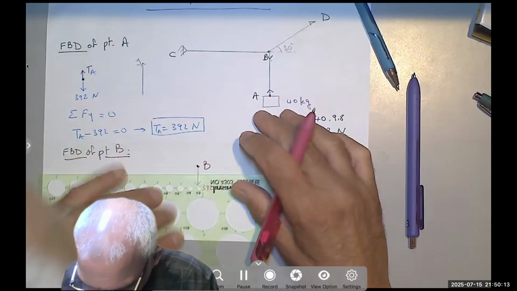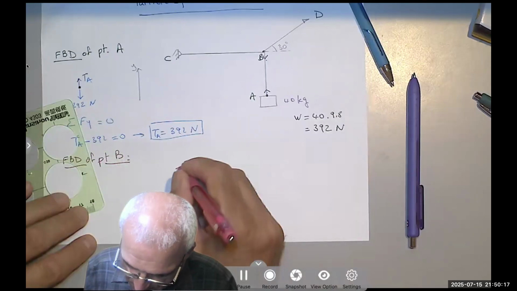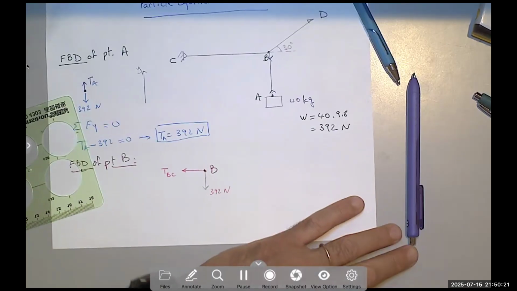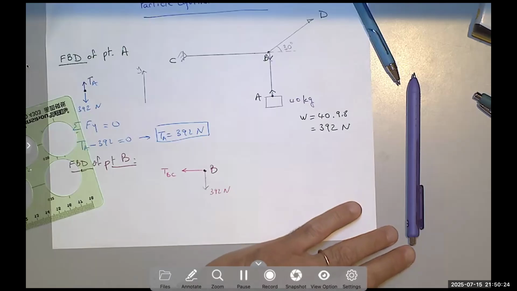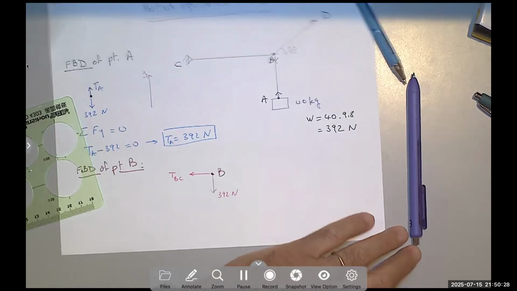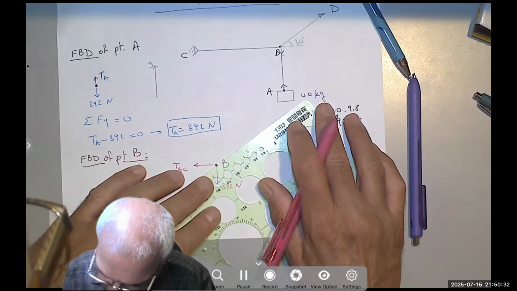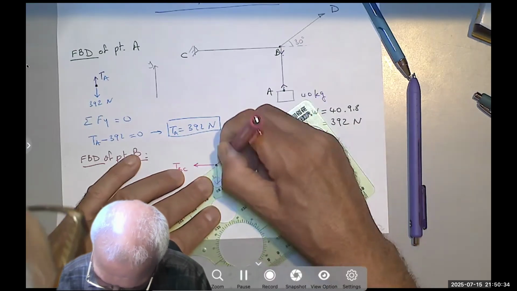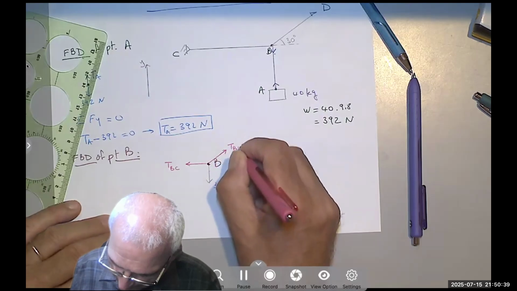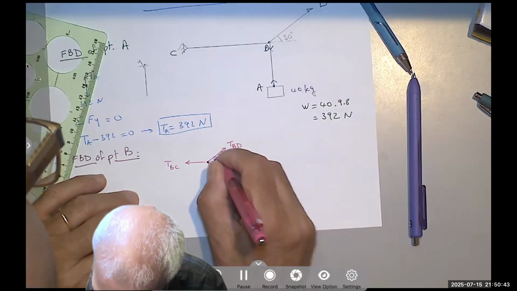Tension BC, TBC, which is unknown, but it's horizontal. I know its direction. I dropped the pencil. It's okay, I'm going to use it. And then I have tension BD. And I know that this angle is 30 degrees, so I have to show it.